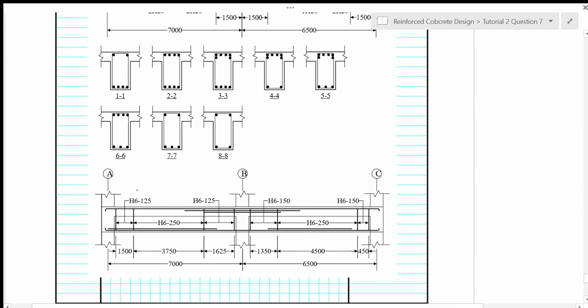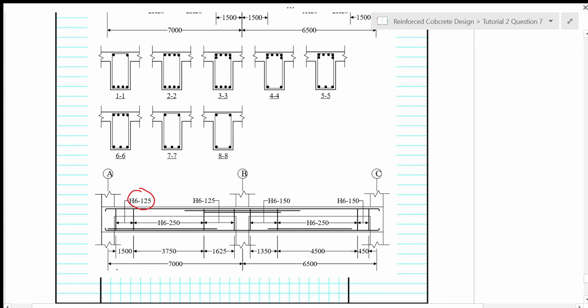So this H6 at spacing of 125, we know that we need to have it from here to here of 1 meter. But with the arrangement we provide until 1.5 meters from there.